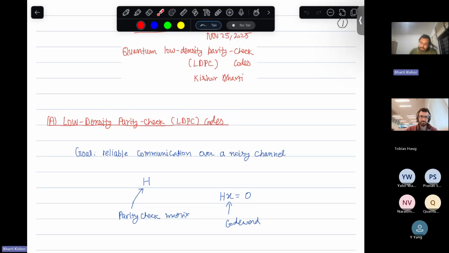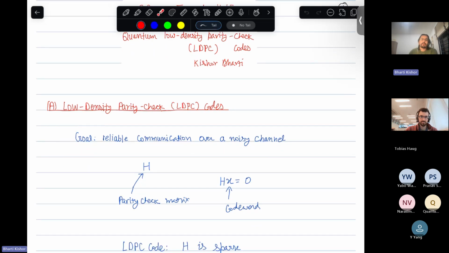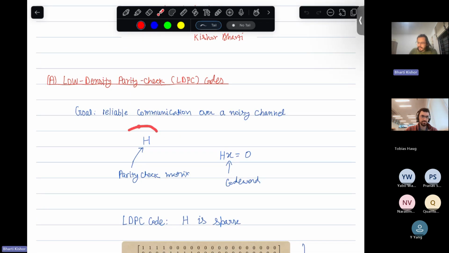So the goal is reliable communication over a noisy channel. And for that, what we do is this thing called error correction. For error correction, you have a parity check matrix, as we know from previous discussions, and the code word is something which is in the kernel of this parity check matrix.